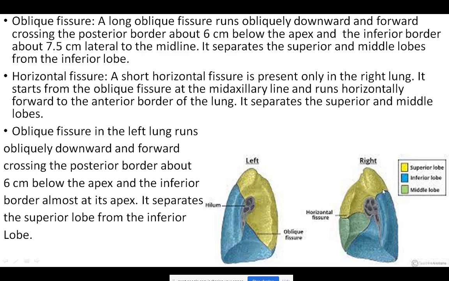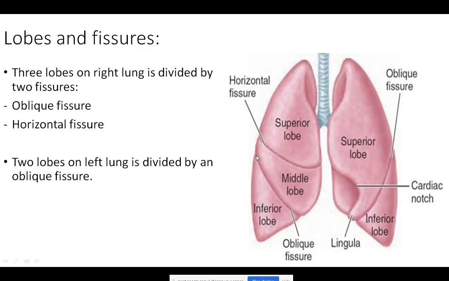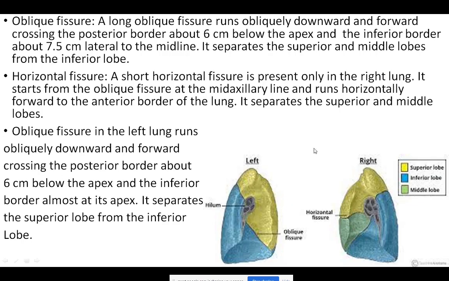Okay, and about 7.5 centimeter lateral to the midline, on the lateral surface. This is the midline. Okay, this is the midline. The oblique fissure, it comes like this, then it curves behind like that, it curves upwards, and then it ends like this.